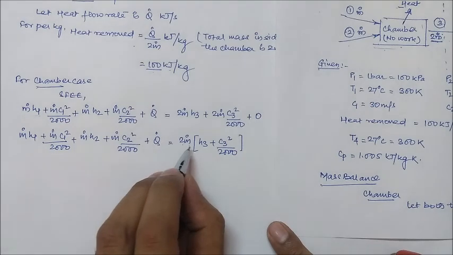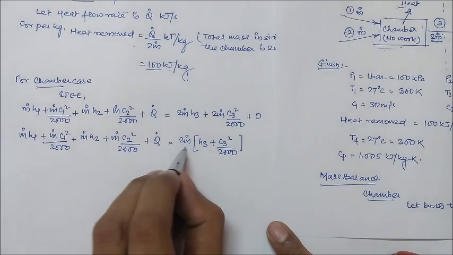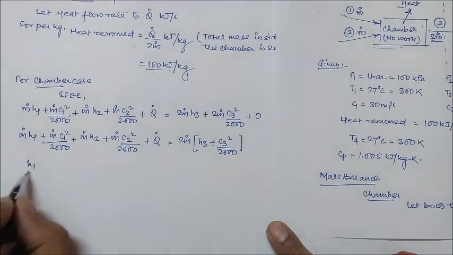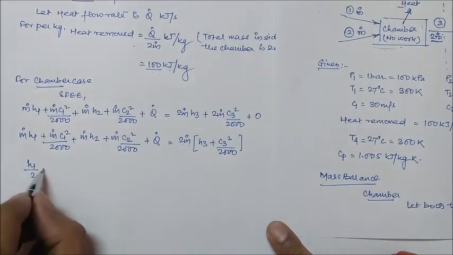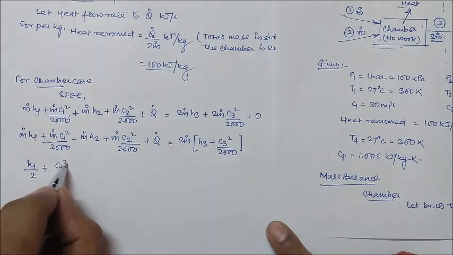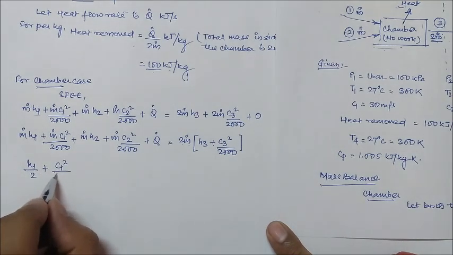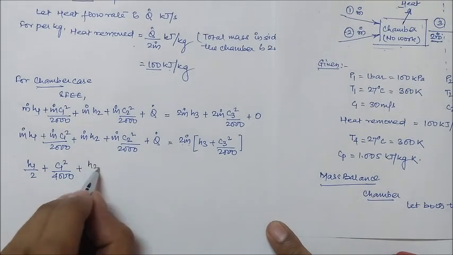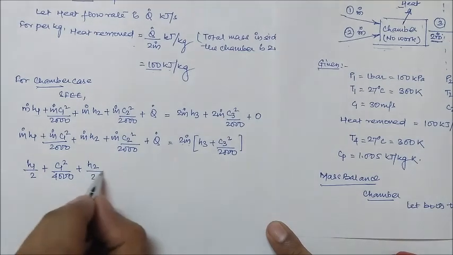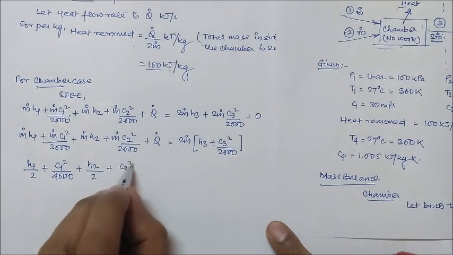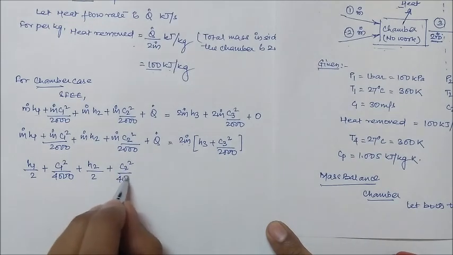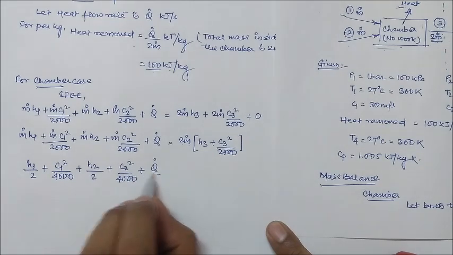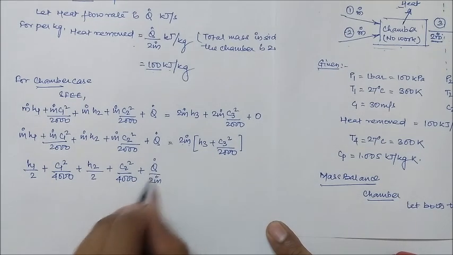Now I will be bringing this 2 m dot on the left hand side, so this will change as H1 by 2 plus C1 square by 4000 plus H2 by 2 plus C2 square by 4000 plus Q dot by 2 m dot.